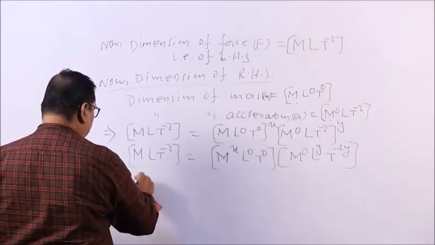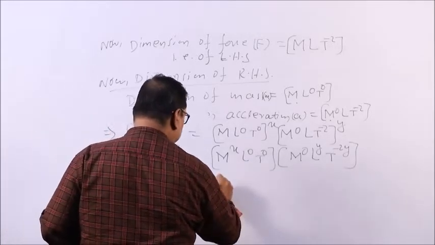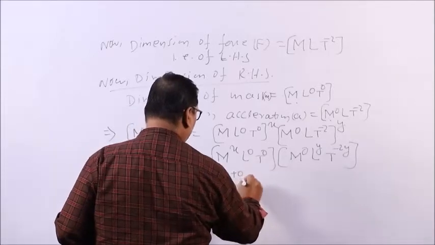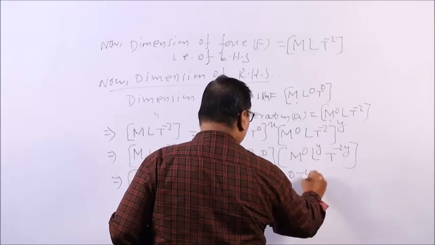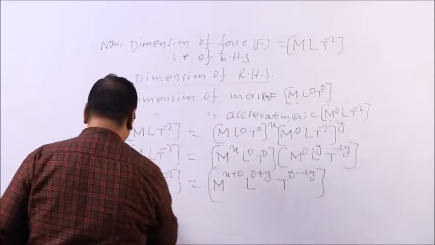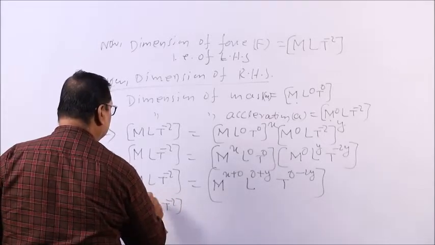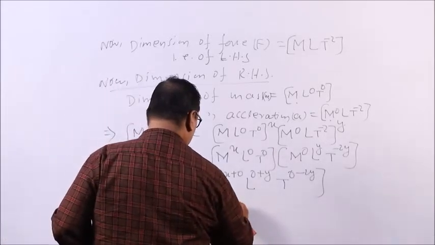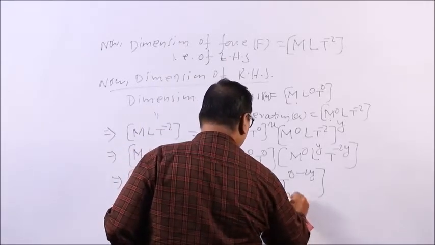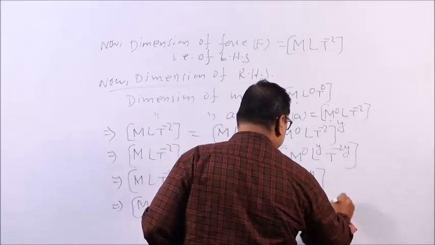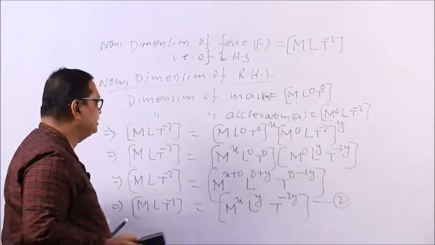Then m1 L1 T minus 2 equals m to the power x plus 0, L to the power 0 plus y, T to the power 0 minus 2y. So, we will get m1 L1 T minus 2 equals m to the power x, L to the power y, T to the power minus 2y. This is equation 2. Now, we have to use the principle of homogeneity.